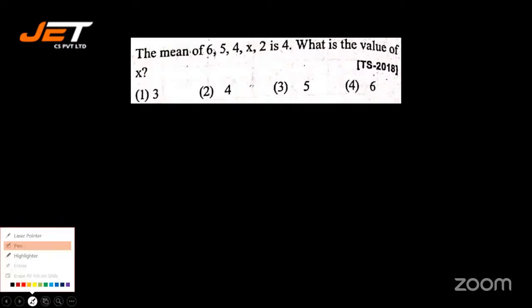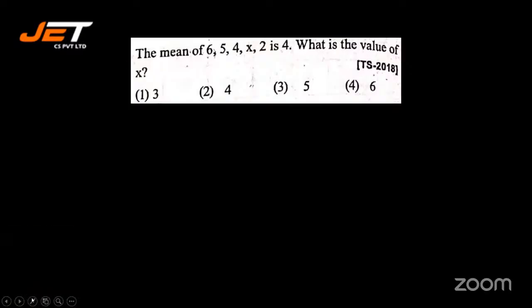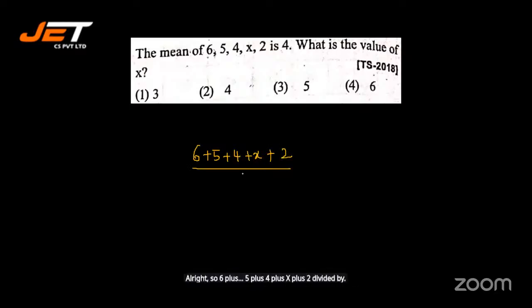All right, let's see. So 6 plus 5 plus 4 plus x plus 2 divided by 5 is equal to 4.